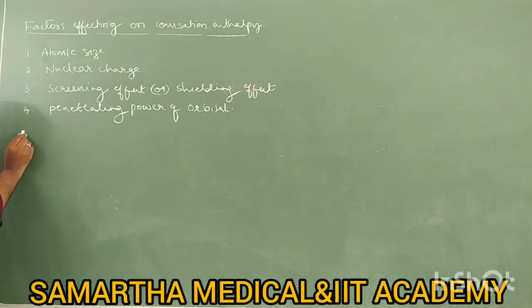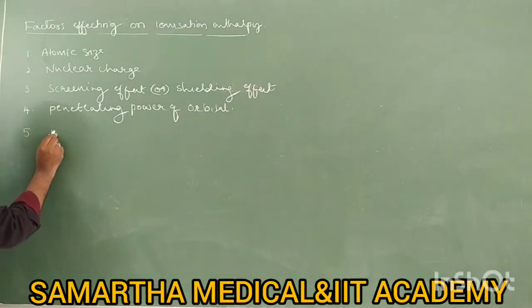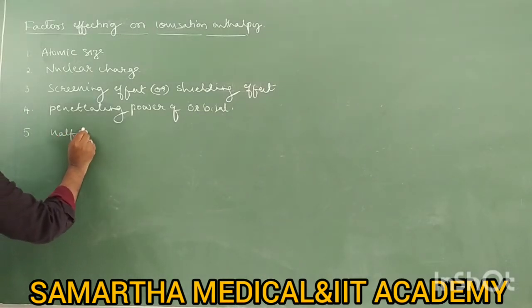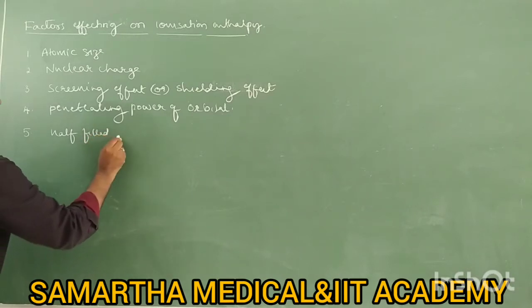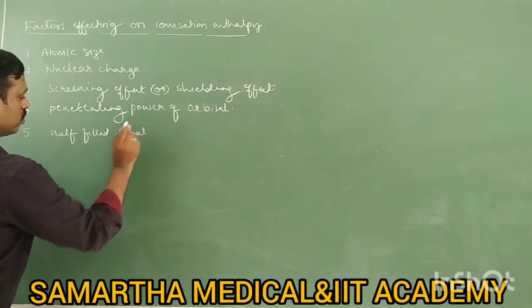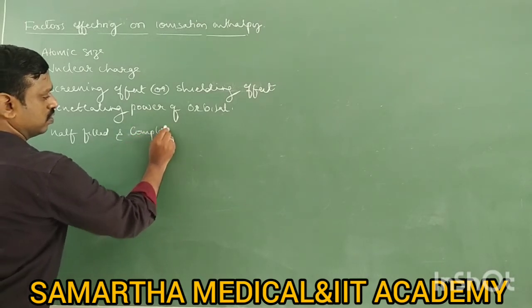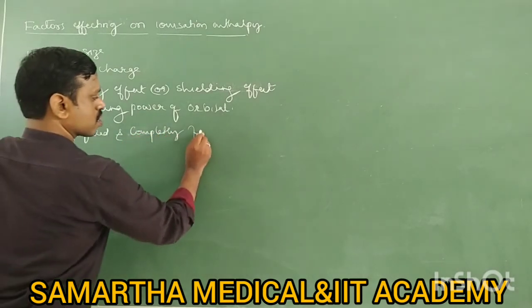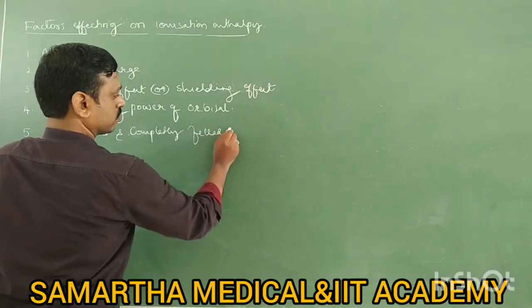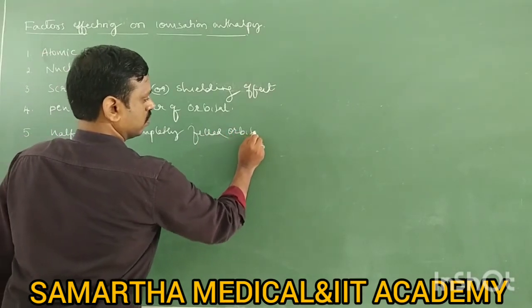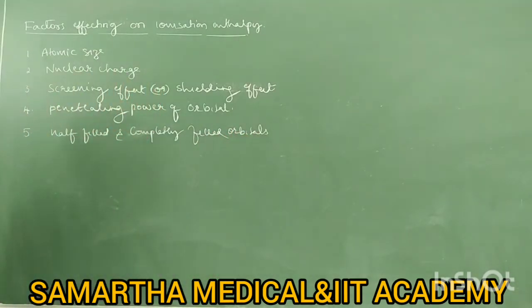And the last one, fifth, is half filled and completely filled orbitals. About this we have already studied. So these are the 5 factors that affect the ionization enthalpy, right?